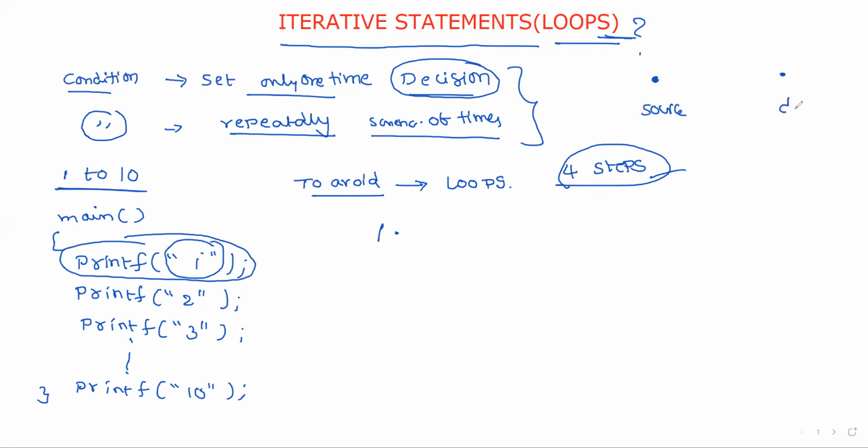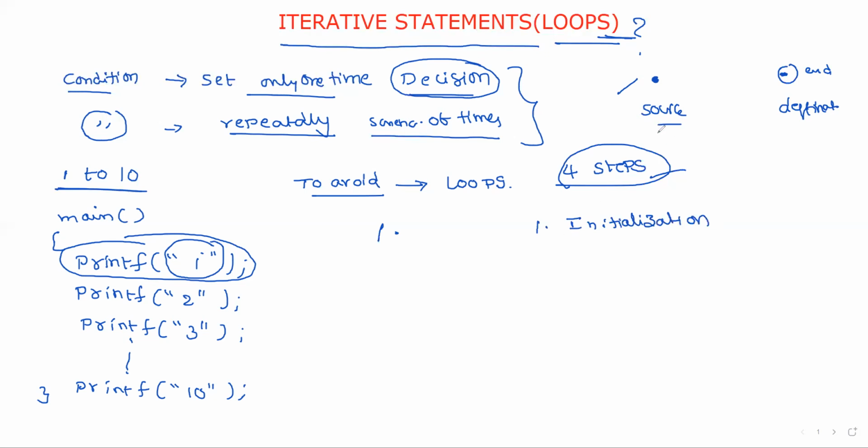Source is the starting point, that is from where we have to start, and the destination is the ending point, that is where we are stopping. So this starting point is called initialization.